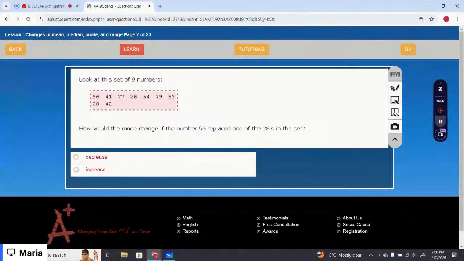Look at the set of 9 numbers. How would the mode change if the number 96 replaced one of the 28s in the set?